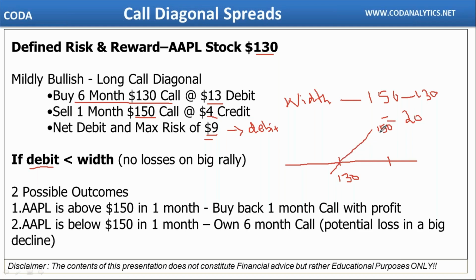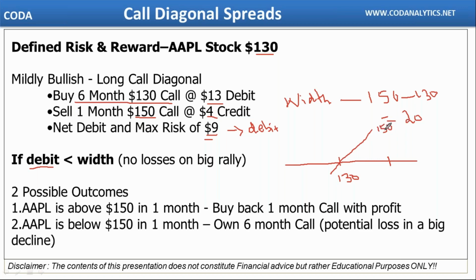What will happen if price goes beyond 150, meaning it is rallying way above 130 and heading towards 150? When price moves towards 150, or gets to 150 or above, we'll have to liquidate.